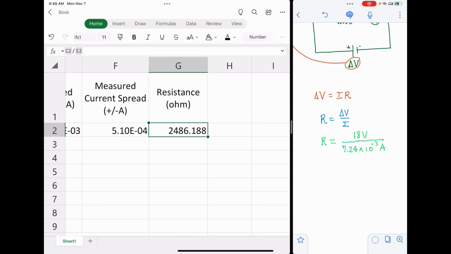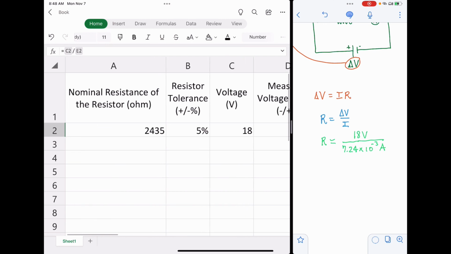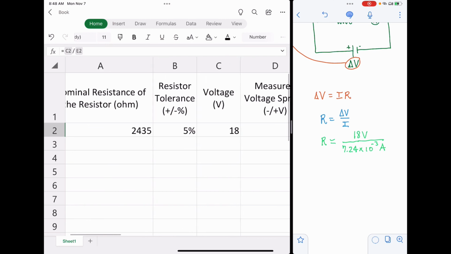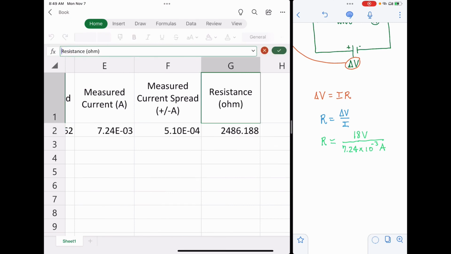This is the resistance of the resistor. Now, if you look at it, we have ourselves 2, 4, 3, 5 for our nominal resistor value. And then we have 2, 4, 8, 6 for our measured resistance. And I want to be specific.